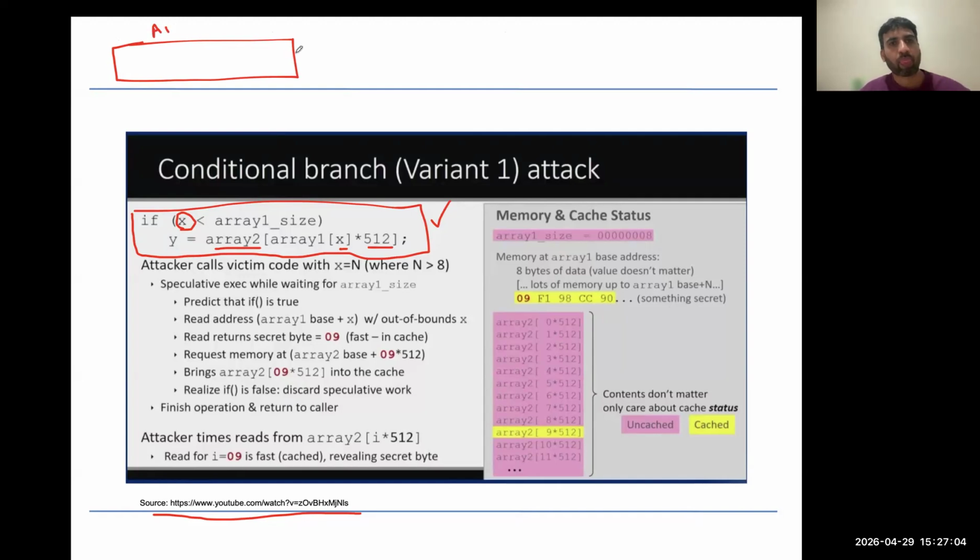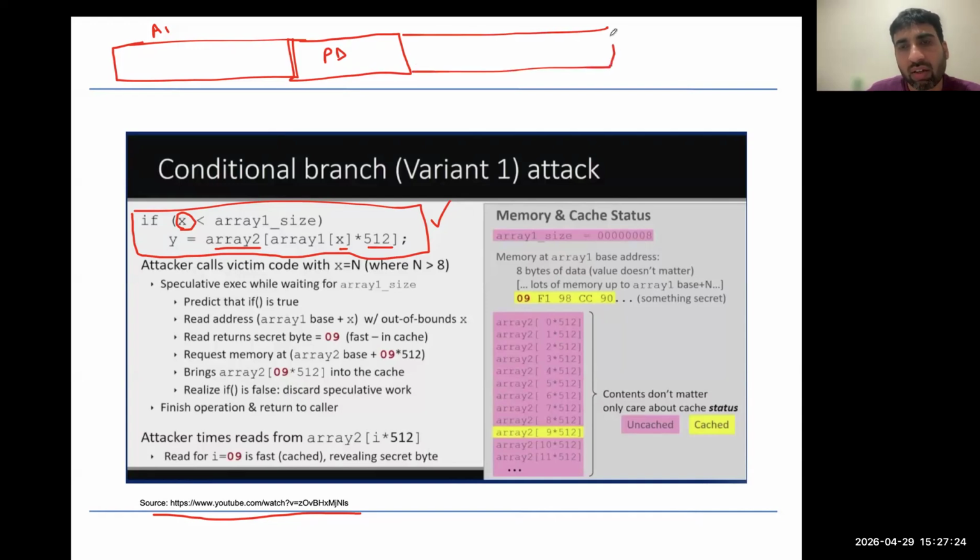And then there is another region of memory next to it, which contains some secret information of the victim process, which let's say I'm writing as private data or PD, right? And then there is another sequence of bytes after that, which contains array 2, I'm just writing A2, right?